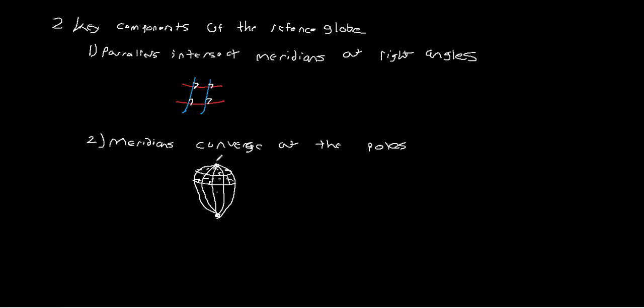So these two facts, unfortunately, with a map projection, really can't be true at the same time. If we make the parallels intersect at right angles, then the meridians won't converge at the poles. So hopefully that makes sense.